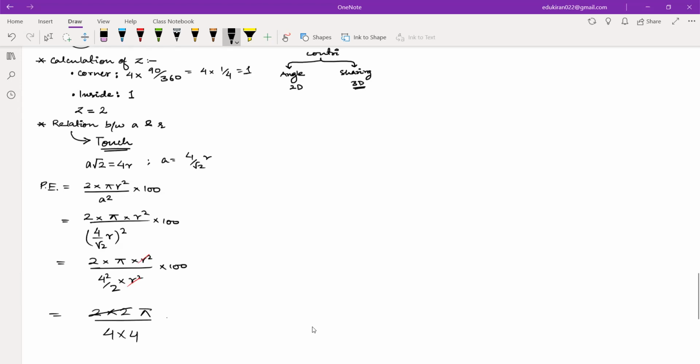So you can cancel these 4 by this 4, and you will get pi by 4 into 100. But please calculate the exact value for pi by 4 and then multiply it by 100. You can take pi's value as 3.14, or you can also take it as 22 by 7.